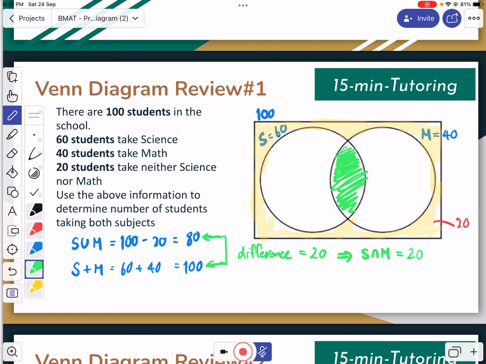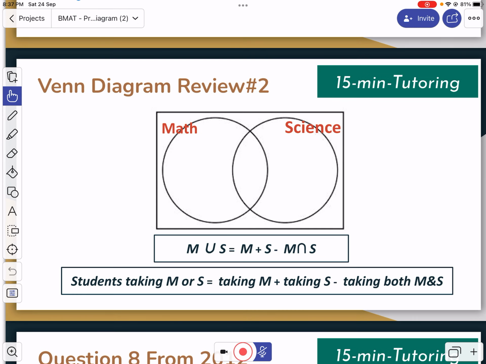Now, you can pause here and take note, but if you don't want to take note, I'll summarize the formula we use in the next slide. So here is what we just did.